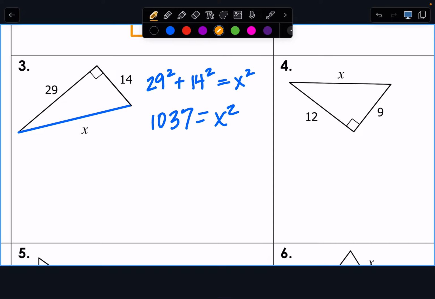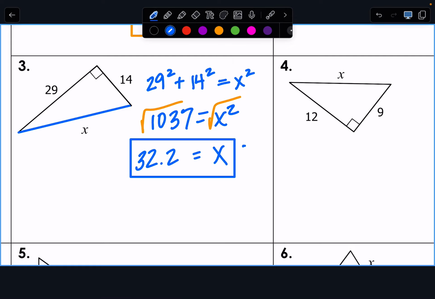So then when you do the square root to both sides, you get x equals, and let's just make a plan that anytime we round in this unit, we're going to round to 1 decimal place, the 10th. Okay, so if we round to 1 decimal place, we get 32.2. Do we agree?